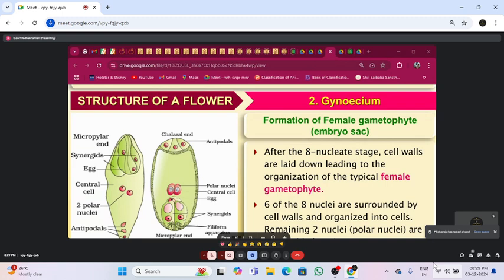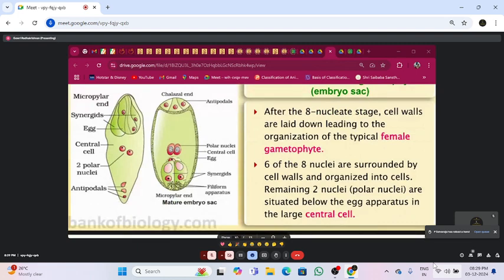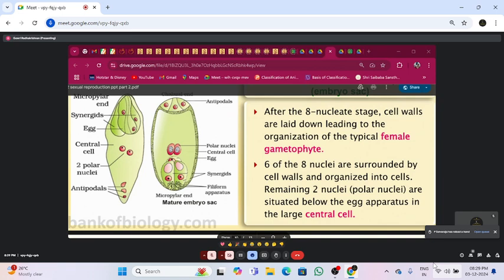6 of the 8 nuclei are surrounded by cell wall and organized into cells. The remaining 2 nuclei stay in the center. Those are the polar nuclei. They stay in the central cell, below the egg apparatus. So this will be the egg.